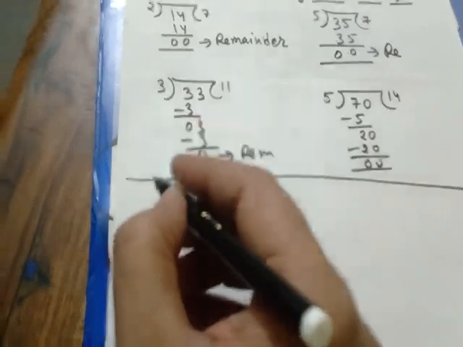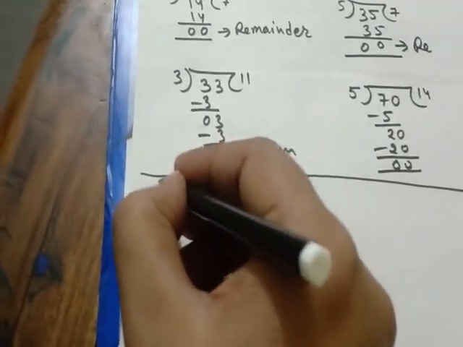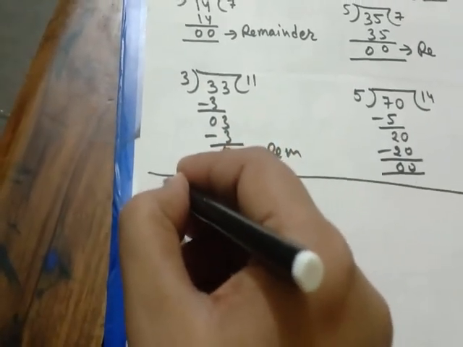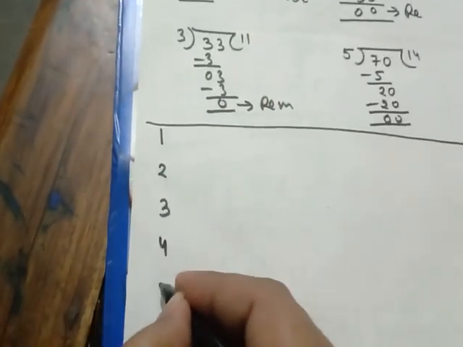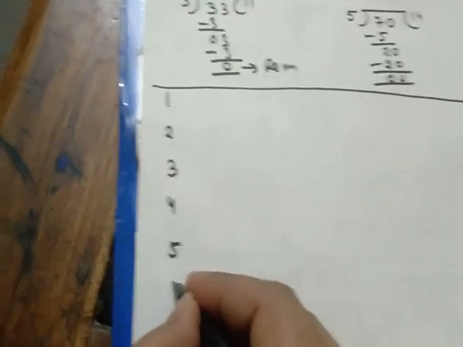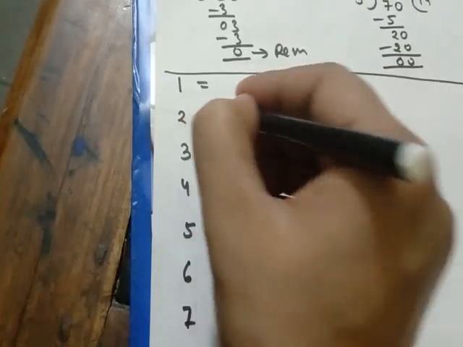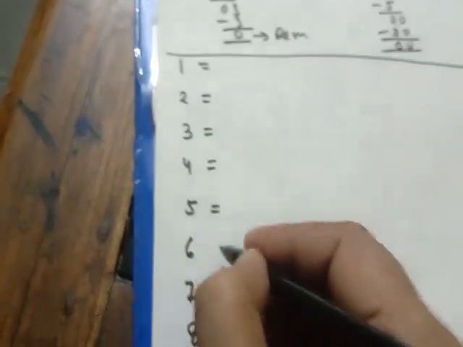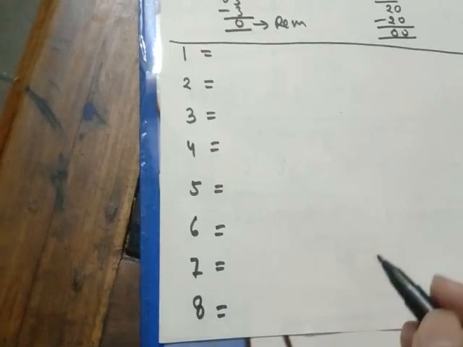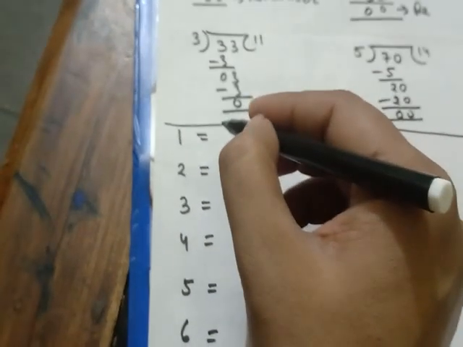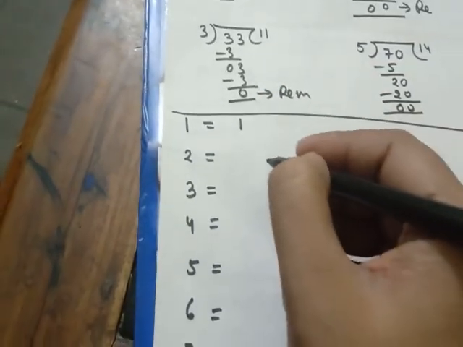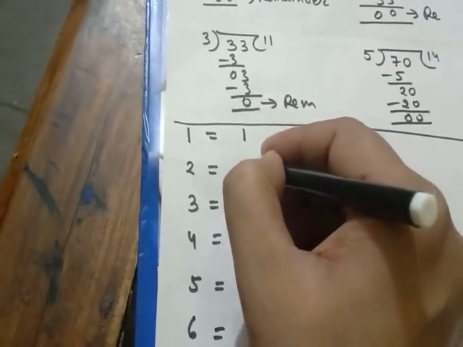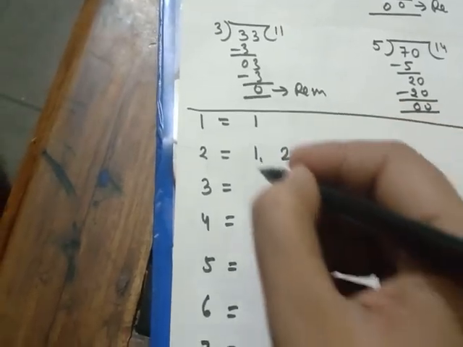So I will take some other way to make you understand. Suppose that I have taken some numbers. Now find out what is the factor of 1. So factor of 1 is only 1. Factor of 2 is only 1 and 2.